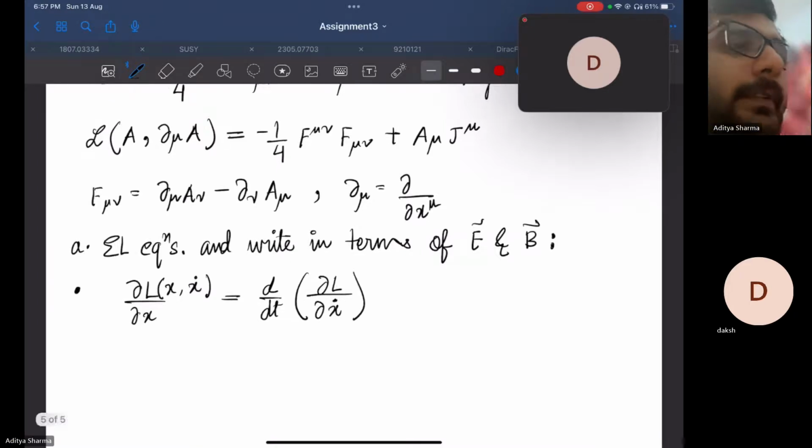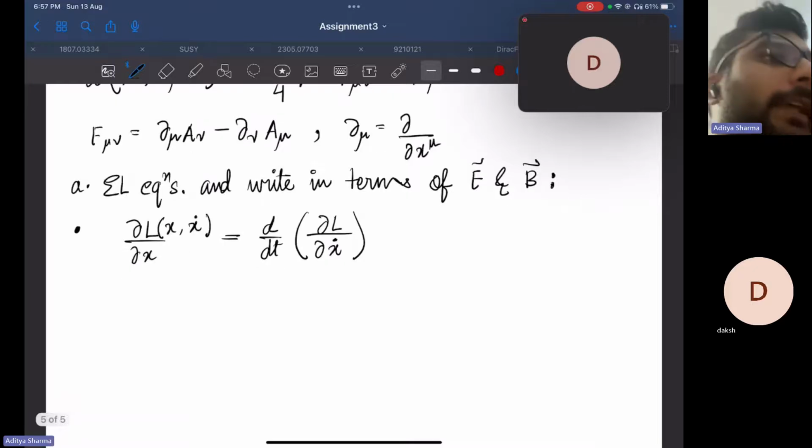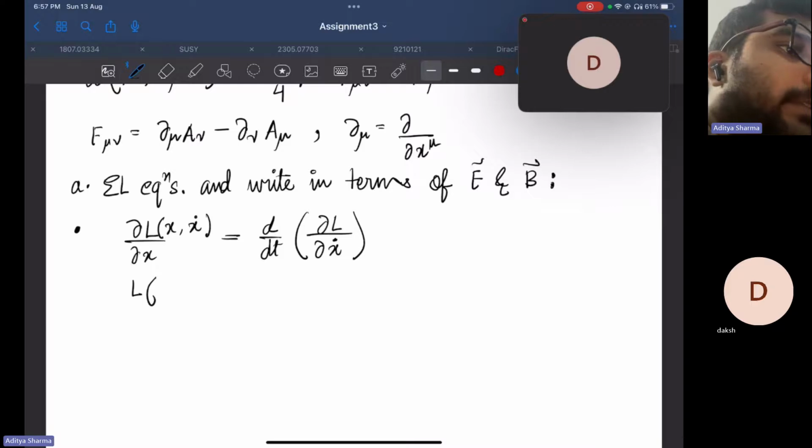Now instead of x dot, the curly L is some function of say A, and A can have many components.